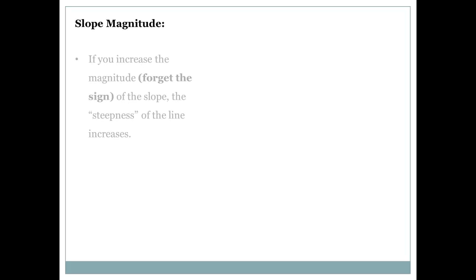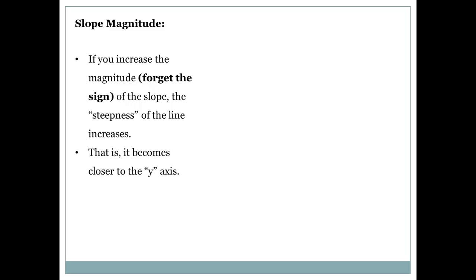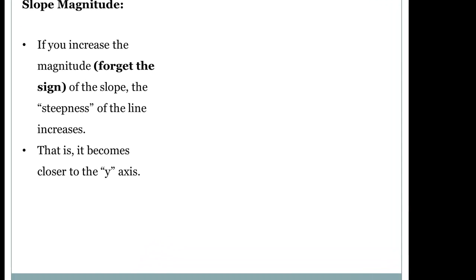So what about the slope magnitude? If you increase the magnitude of the slope, forgetting about the sign, the steepness of the line increases. That is, it becomes closer to the y-axis.